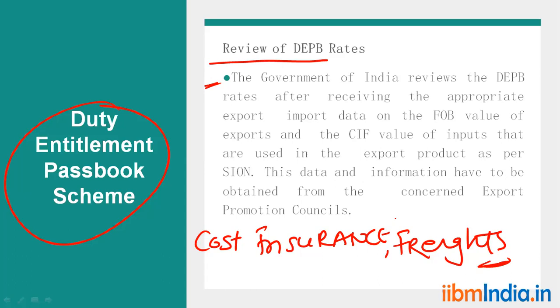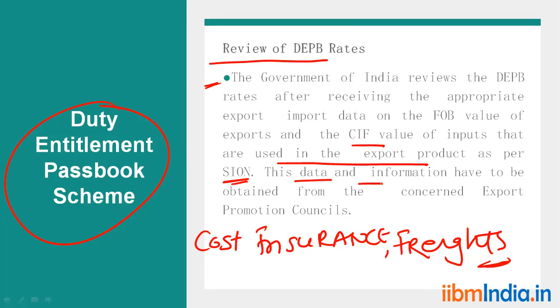So the Government of India reviews the DEPB rates after receiving the appropriate export-import data on the FOB value of export and the CIF value of inputs used in the export product as per the SION.